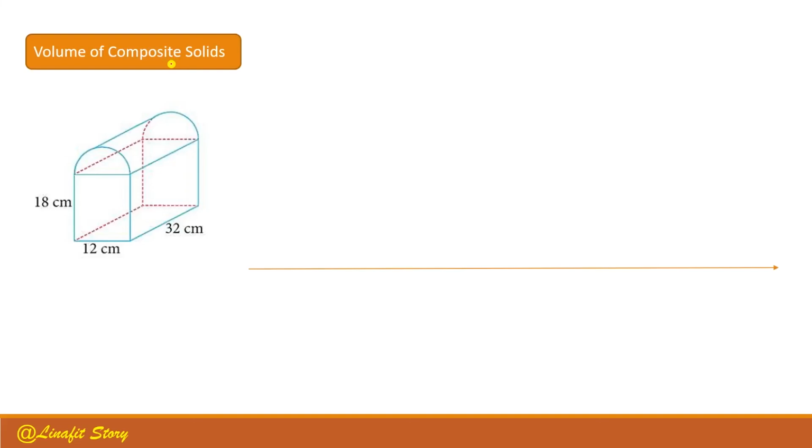Volume of composite solids. There are two shapes. This is the rectangular prism and half cylinder. So to find the volume, we will find the volume of the rectangular prism, length times breadth times height.